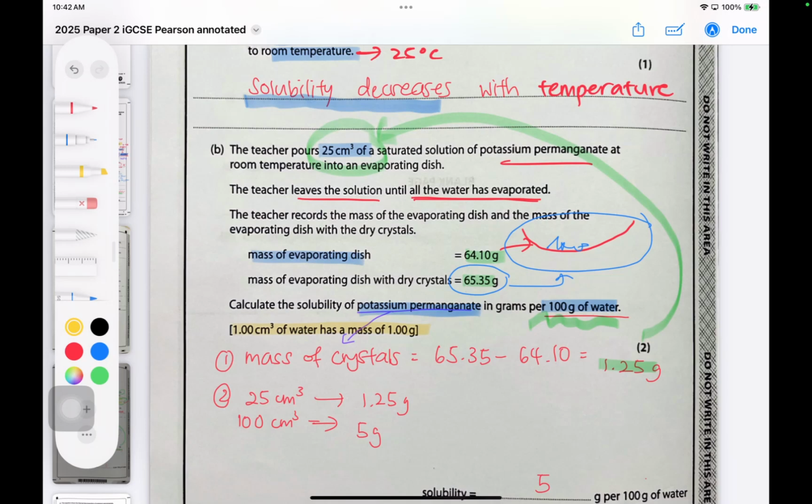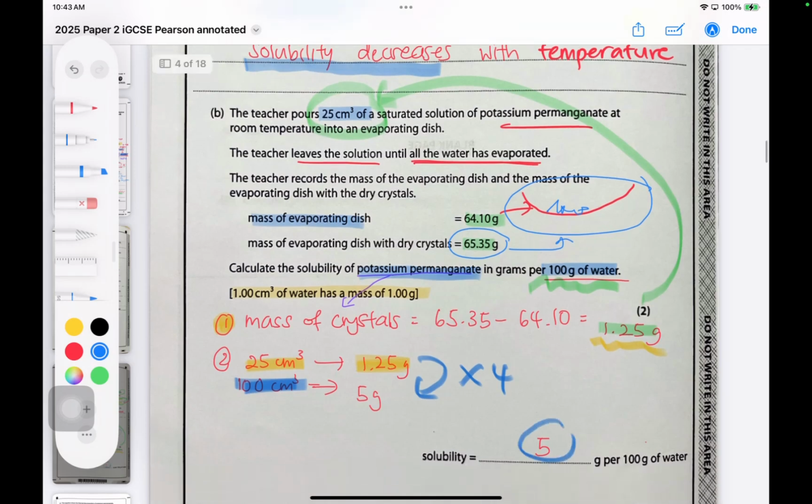So the first step is you get the difference. You find out the mass of crystals that has dissolved in 25 cm cube, and that's 1.25 gram. If you want to know the solubility of potassium permanganate in 100 cm cube of water, you simply multiply that 1.25 by 4, and you will get 5.